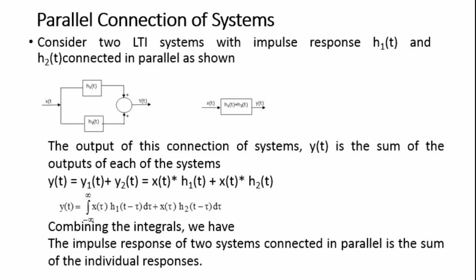Combining the integrals, we have that the impulse response of two systems connected in parallel is the sum of the individual responses.